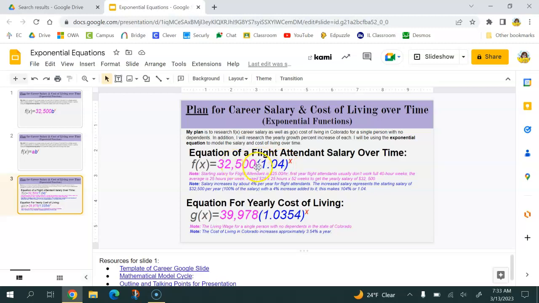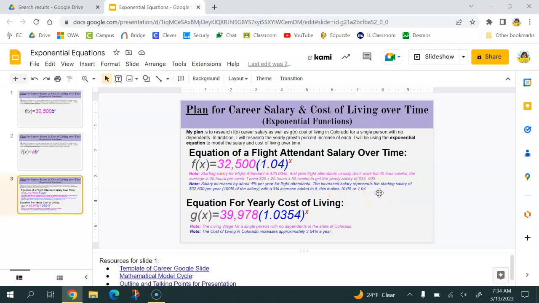So after 1 year, my salary is going to be 104% of my starting salary. I'm going to be making 4% more than I did make. That's the 100% representing my original starting salary and my 4% representing the wage increase. And down here, I put a small note about that as well.